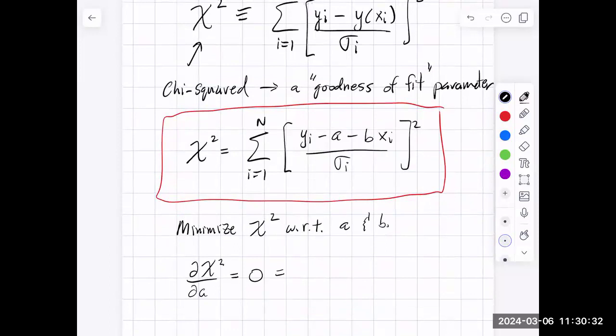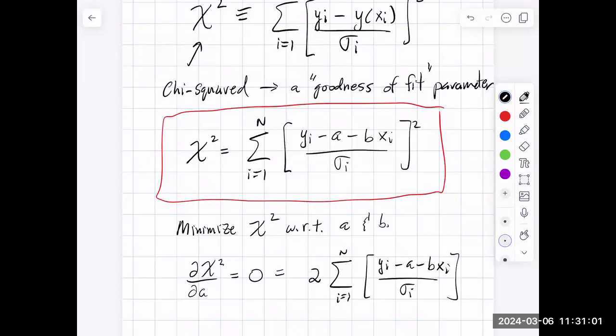If I do the A derivative, every time I take the derivative, I'll get a factor of 2 that comes out. So we'll get a 2, and then the sum from i equals 1 to n of yi minus a minus b xi over sigma i. The square is gone.